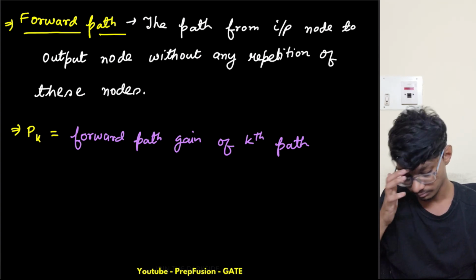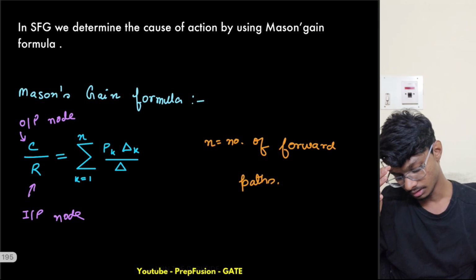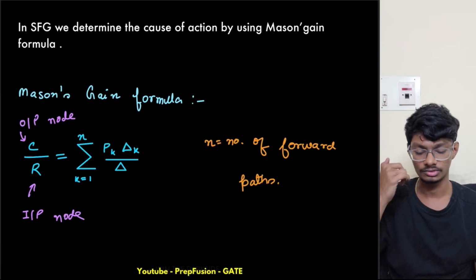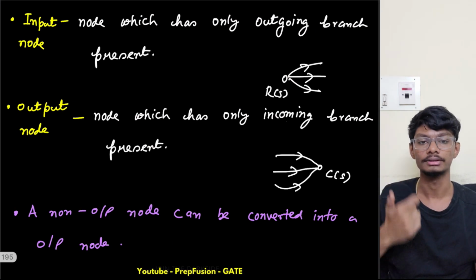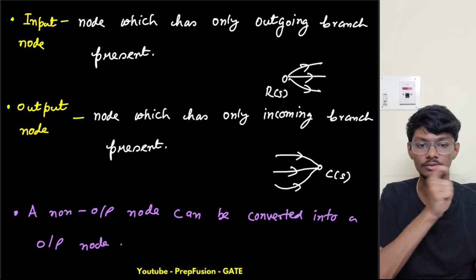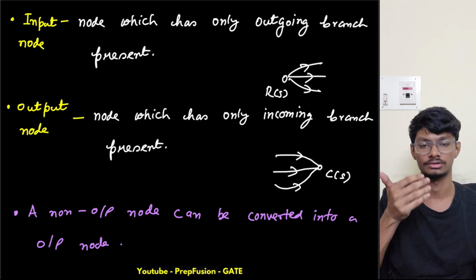Forward path gain. Now what is this delta K? What do we call this delta K? Delta K is known as the associated path factor. It depends on the forward path and isolated loop gain. What do I mean by isolated loop gain?